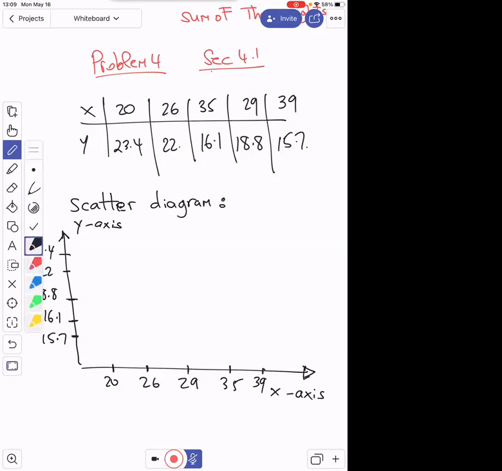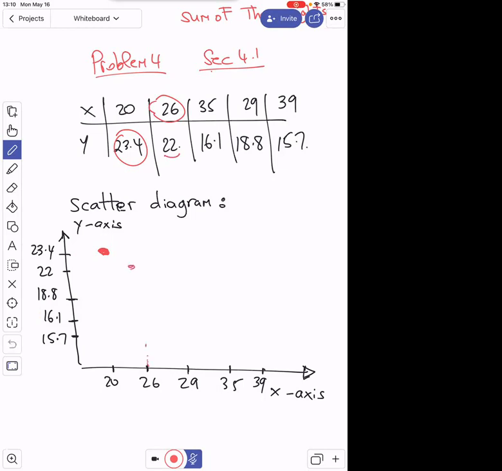So how do we plot the scatter diagram? Well, you just take the first value of x, which is 20, and the corresponding y is 23.4. So x is 20, and we go up to 23.4. That will be your first point. Next x is 26, and your corresponding y is 22. So this is 26.